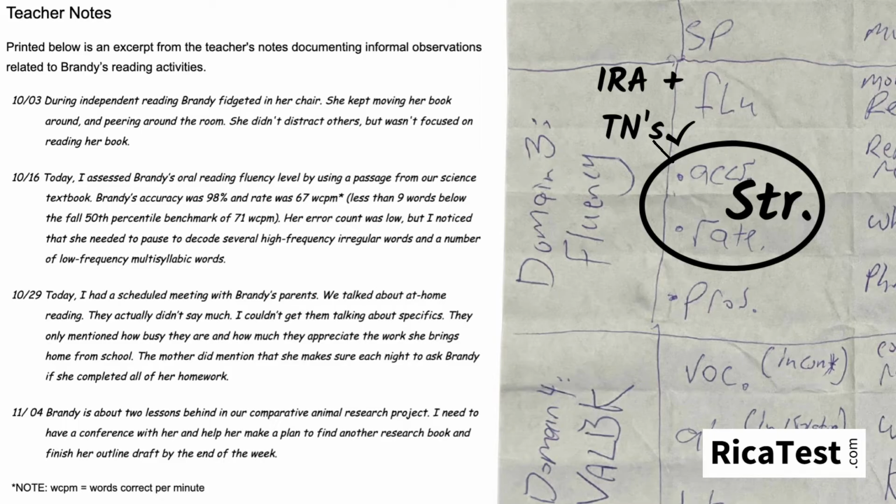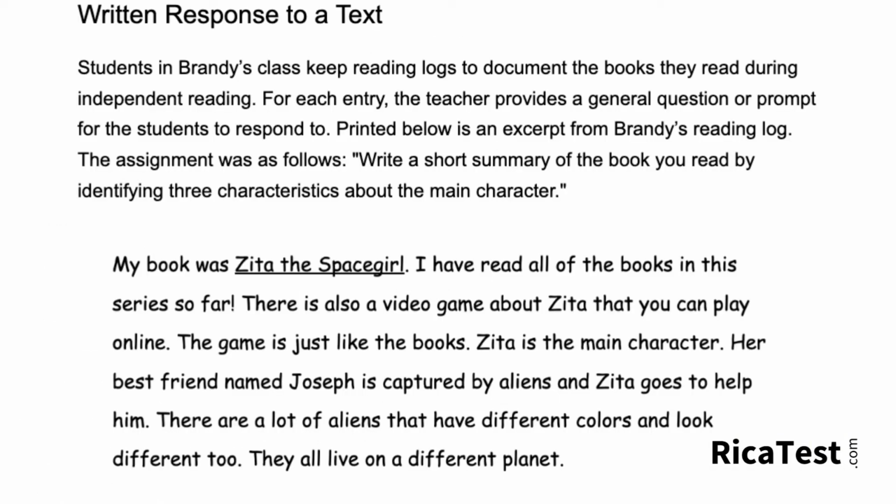And then at the very bottom, it says, note here, WCPM is words count per minute. So let's keep going. Now let's read the written response. It looks like Brandy wrote from a text. So right at the top, it says students in Brandy's class keep reading logs to document the books they read during independent reading. For each entry, the teacher provides a general question or prompt for the students to respond to.